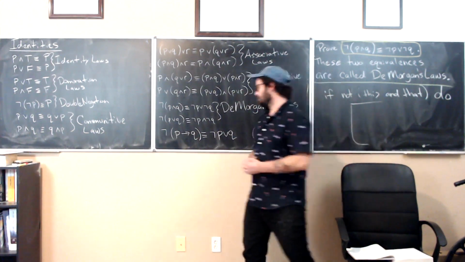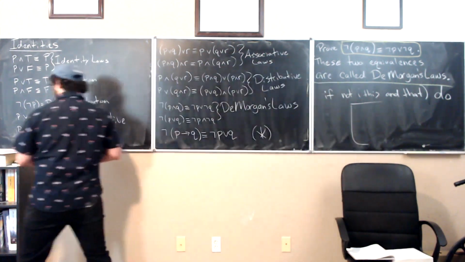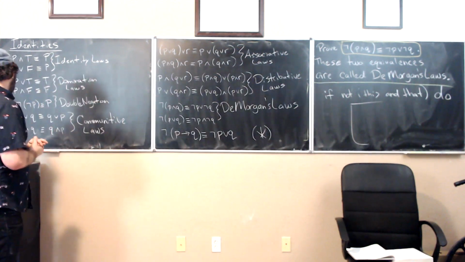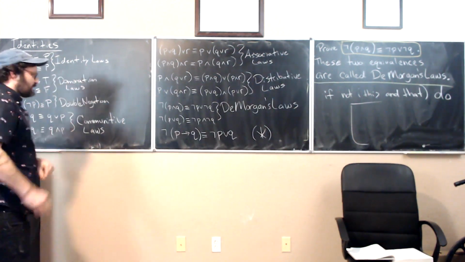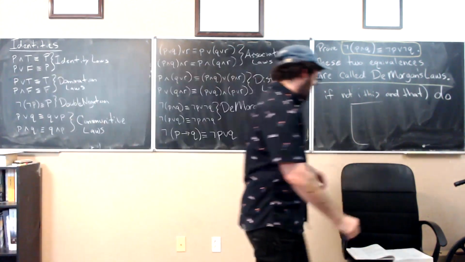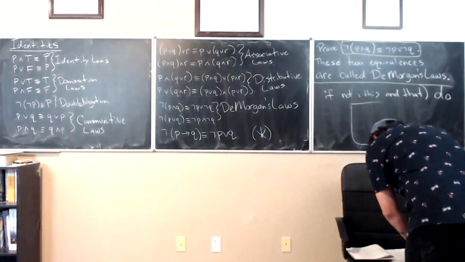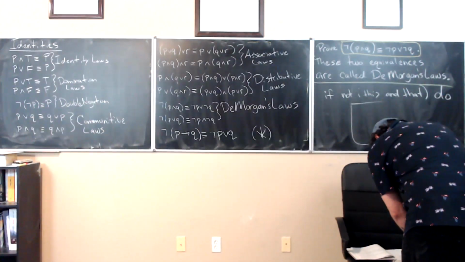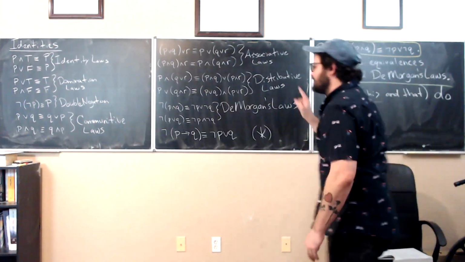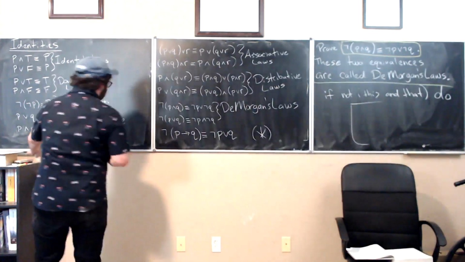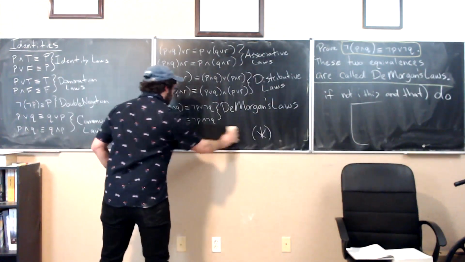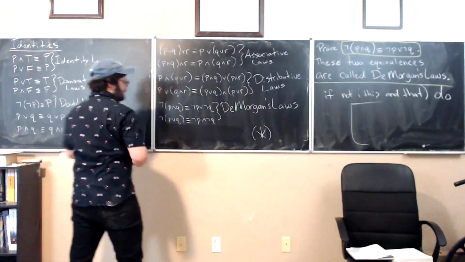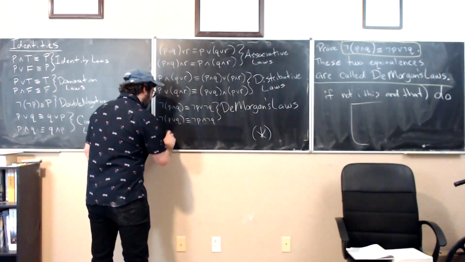And now that I'm looking at it, it looks weird. Let me make sure that I wrote it down the correct way. Oh, no, I did not write it down the correct way. I knew something was off. I apologize.